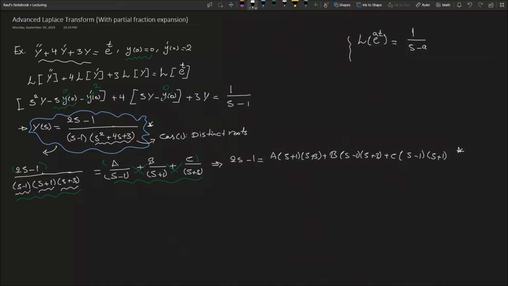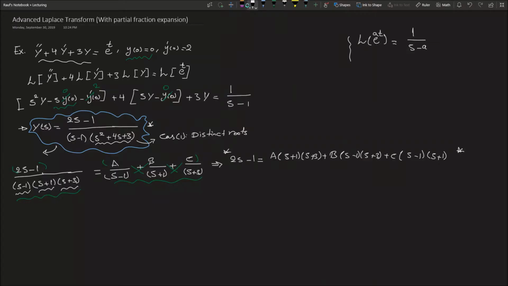Now this is important. The challenge in here, and the whole point of the partial fraction expansion, is that you need to find your a, b and c variables, so that you can plug them back in here and convert based on the Laplace transform table.